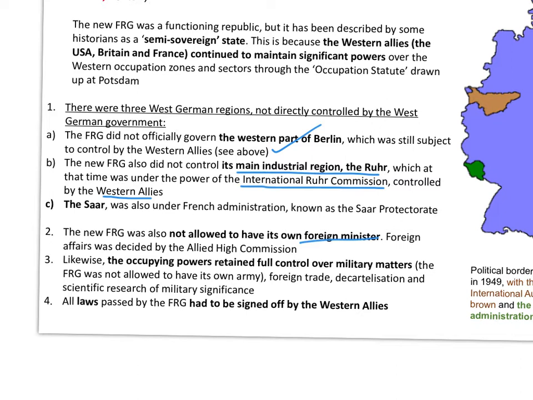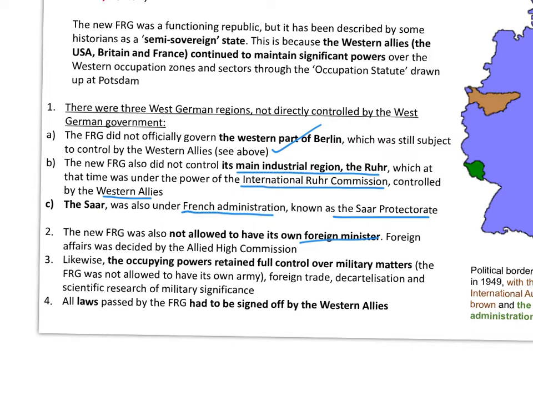Well, similarly, at the end of World War II, it was decided that the Saar would be put under French administration. It was still part of West Germany, but it would be put directly under French administration, and it was known as the Saar Protectorate. It wasn't part of France, but remember, France is one of the 3 allies.